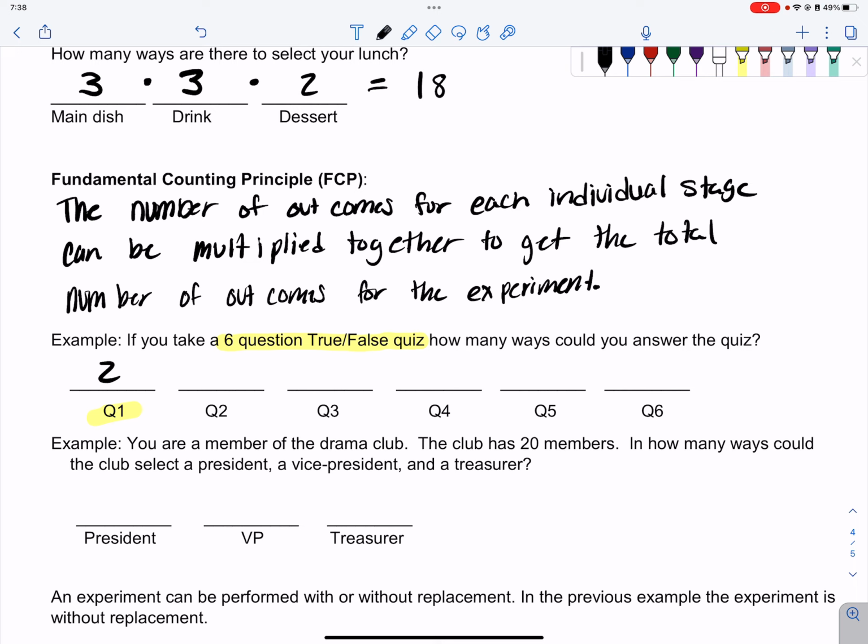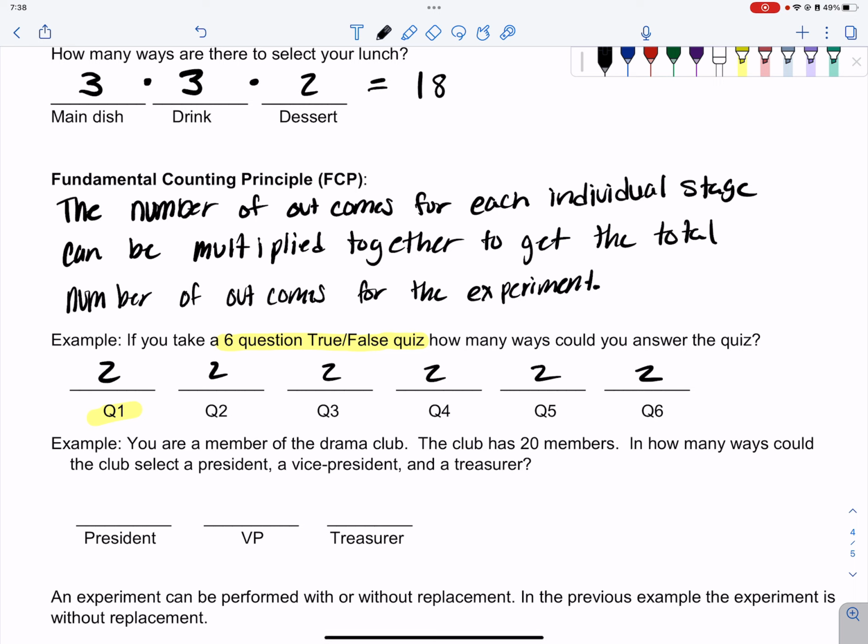We then move on to the second question of that quiz. That question is still true or false, so that one has 2 different options as well. And same for all of the rest of the questions in this quiz. They all have 2 different outcomes.